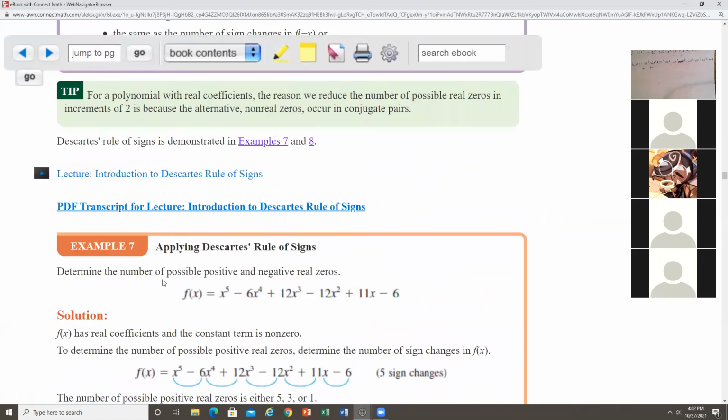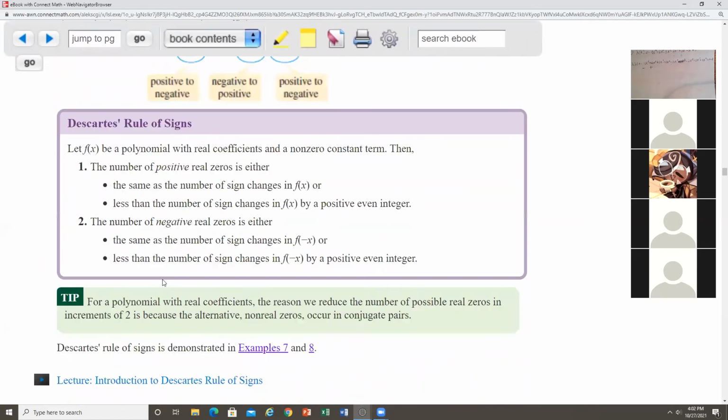Because we had to put some placeholders in there. Well, what I got here for placeholders on Descartes' rule of signs is, as far as if we got placeholders in here, I think it only applies to the negative real zeros. I don't think it applies to the positive real zeros.